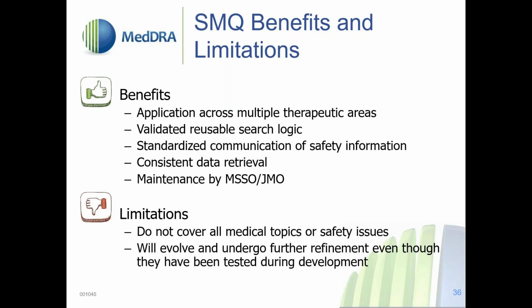Also, if you find that some terms may be missing in the SMQ, or you think too much is included, wrong terms are included, you have the possibility to send us a change request for the SMQs as well. And this is done via the normal change request process in the web change request tool.